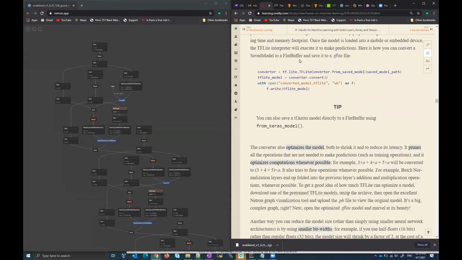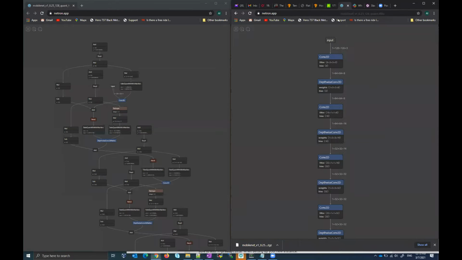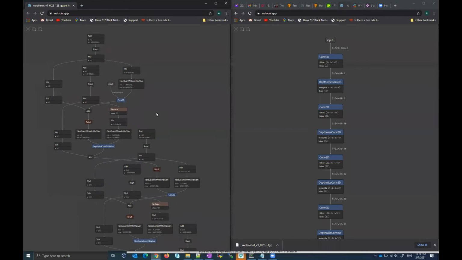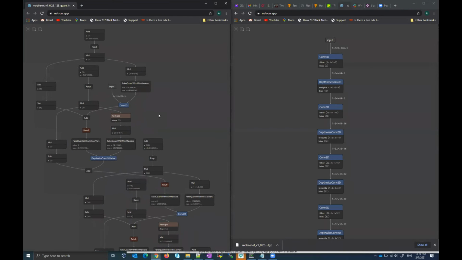So here these operations are matrices. The matrix here is addition and multiplication operations. And on the left, the diagram that we see is coupled with the convolution layers.